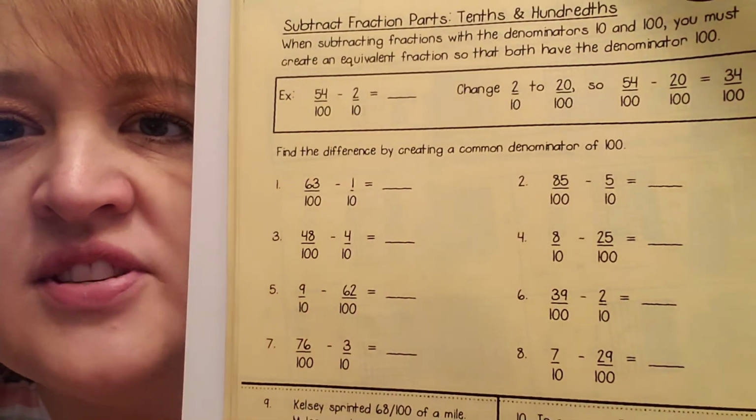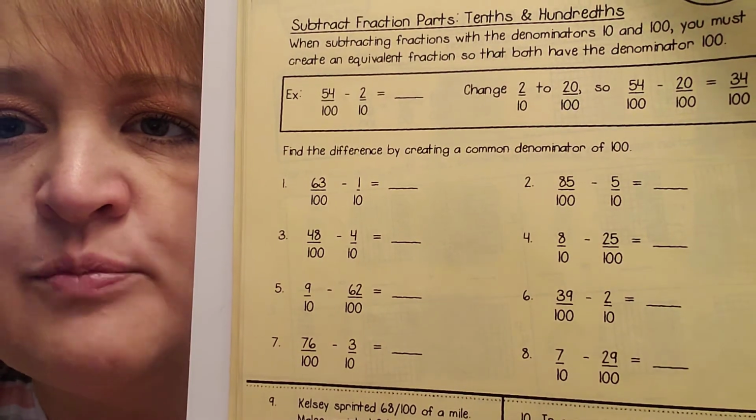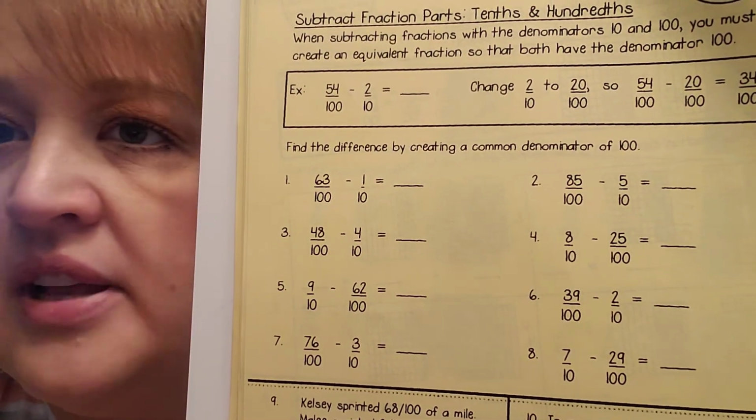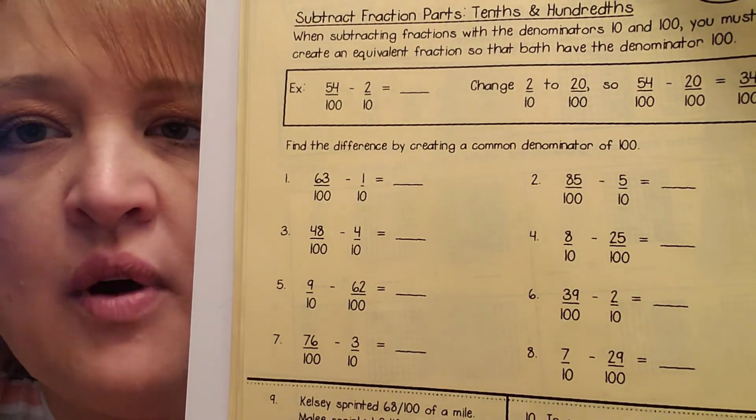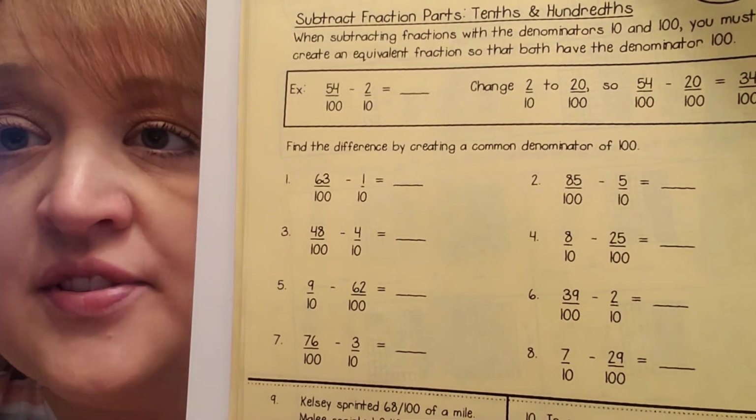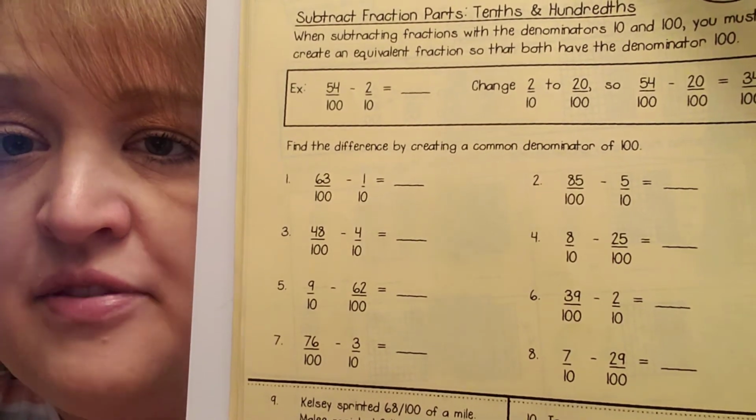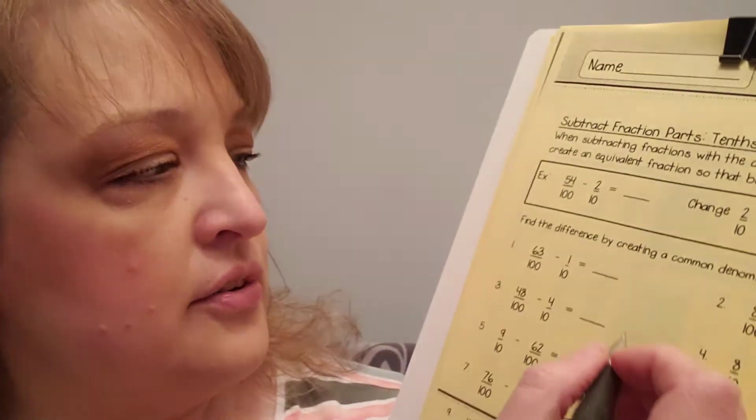Now, the only difference with page 7, skip with me to page 7, is now we're moving to subtraction. But my friends, you do it exactly the same way. You change the tenths into hundredths, and then you subtract. So I'll do a couple of these with you, and then I'll let you do these on your own.